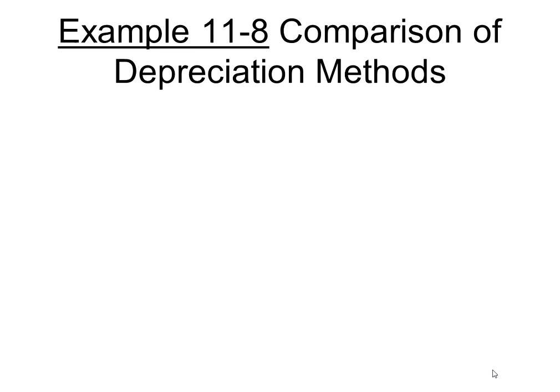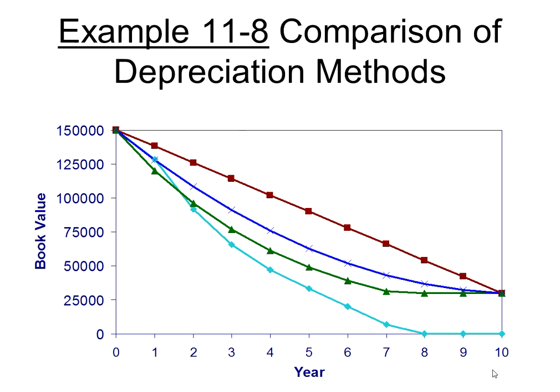Next example is example 11.8, which is a comparison of depreciation methods. This is book value on the vertical axis, and this is depreciable life in years. You can see that this red line is the straight line method.